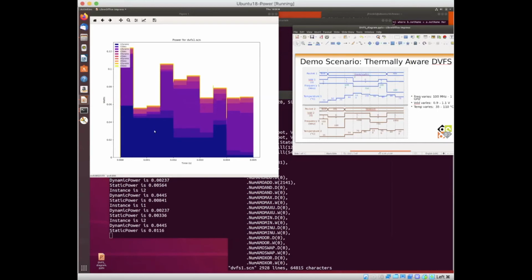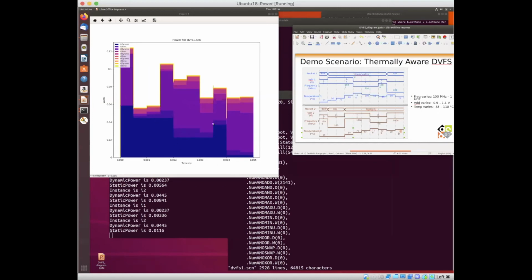And just for a final measure of interest here, while instance I1 is computing and I2 is idling, they swap roles way out here in the 10th time slice. So I1 is idling, the frequency drops to 100 megahertz. The voltage drops as well, while I2 is still cranking away.